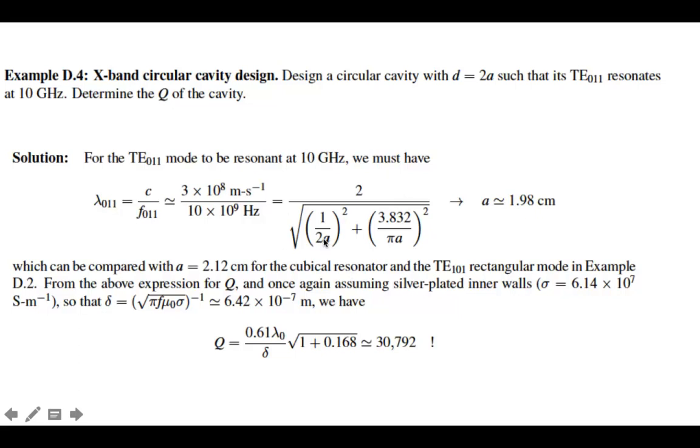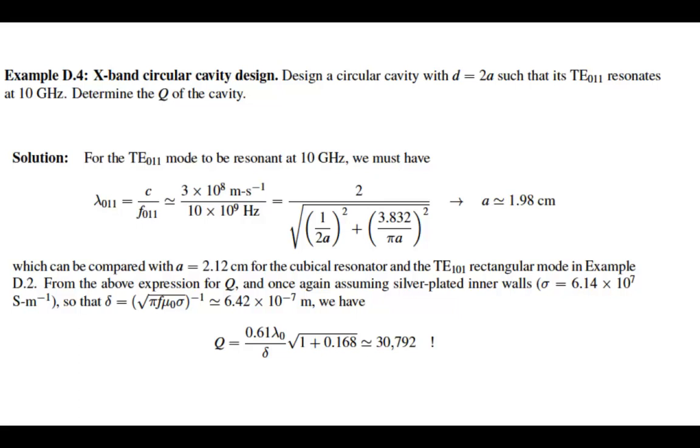And so we can solve for the cavity dimension and get A of 1.98 centimeters. That's similar to the 2.12 centimeters for the cubical resonator that we found in example D2.